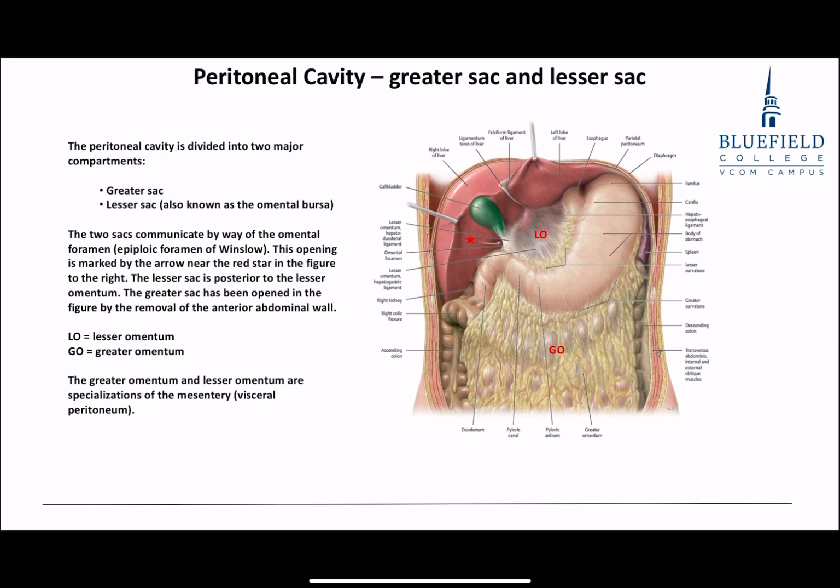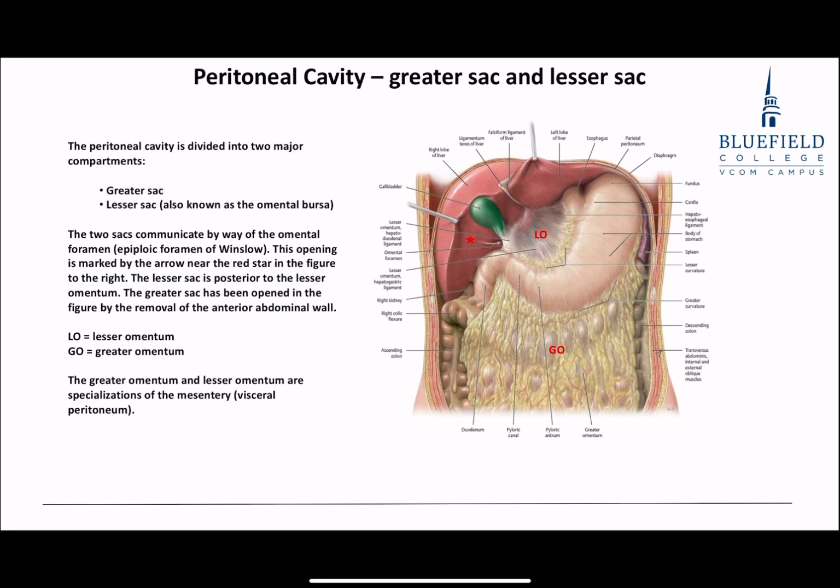Dr. Ansel, yeah. So is it safe to say that the mesocolon is attaching the large intestine to the retroperitoneum? Okay, the question is, is the transverse mesocolon attached to the retroperitoneum? When you say retroperitoneum, I would say the transverse mesocolon is attached to the posterior wall of the abdominal pelvic cavity.